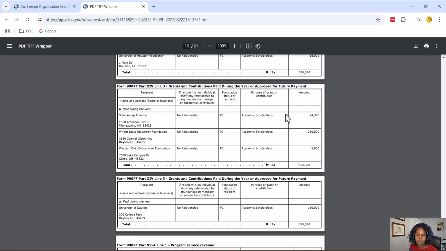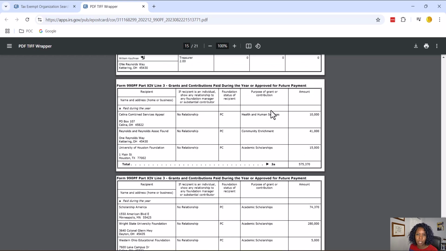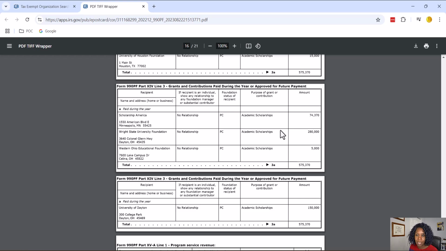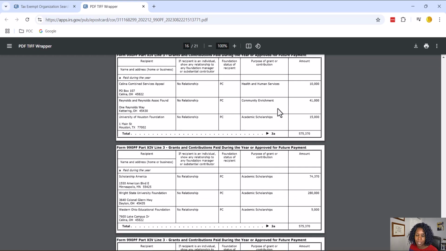All right. So let's say you found the Reynolds Foundation and you thought about applying for that grant and you look at the 990 and you see, well, they are funding mostly academic scholarships, or at least they did in 2022, and you have a nonprofit that caters to the care of cats.